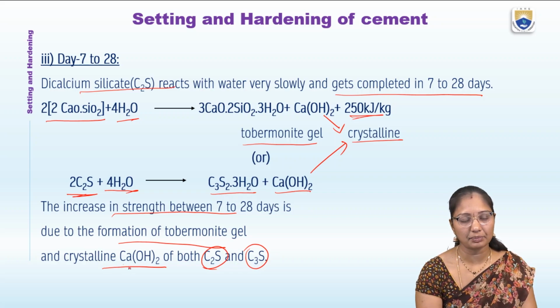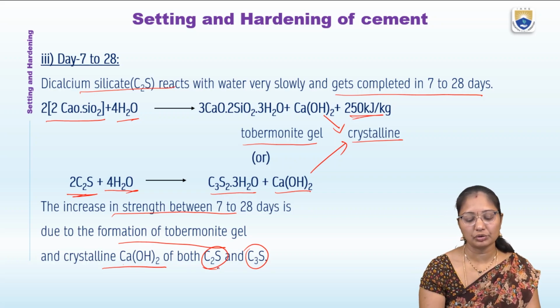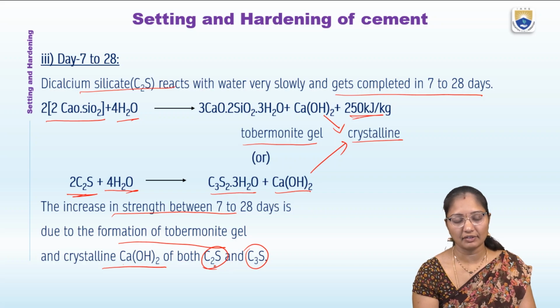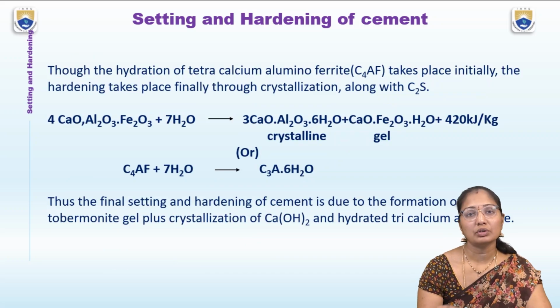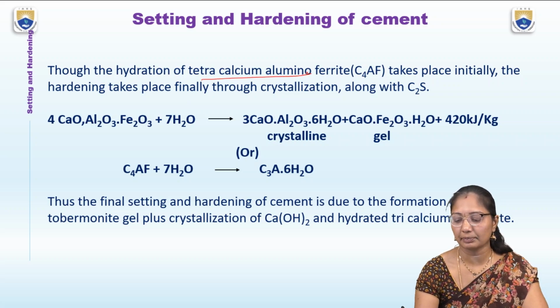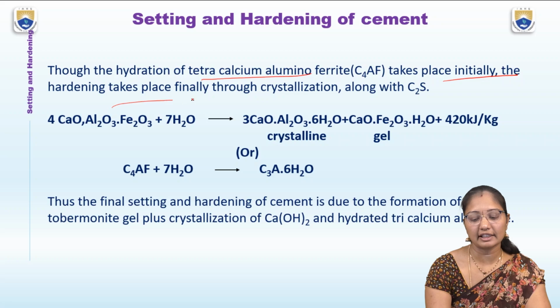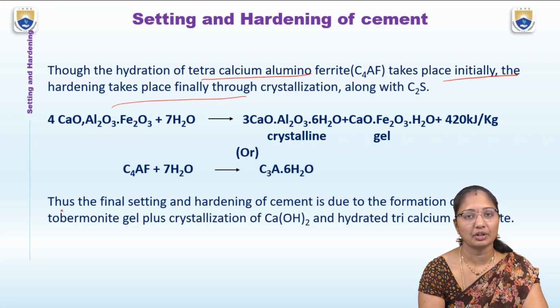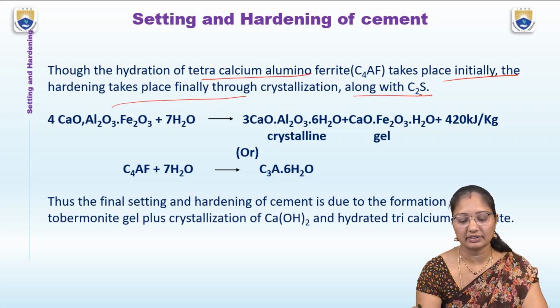This crystalline calcium hydroxide results from the reaction between the water molecules and the dicalcium silicates, sulfates, and tricalcium sulfur complexes. The hydration of tetracalcium aluminoferrite takes place initially, and the hardening takes place finally through the crystallization process along with the C2S.